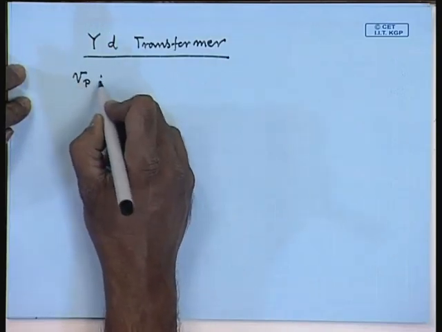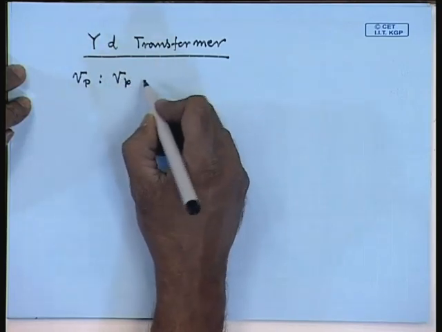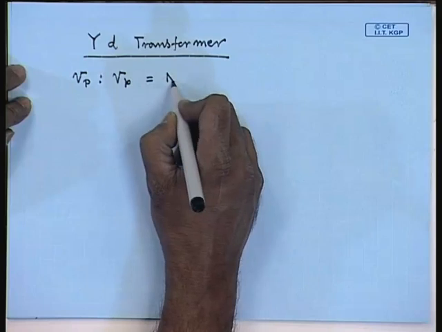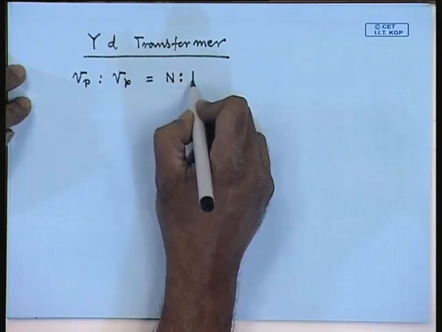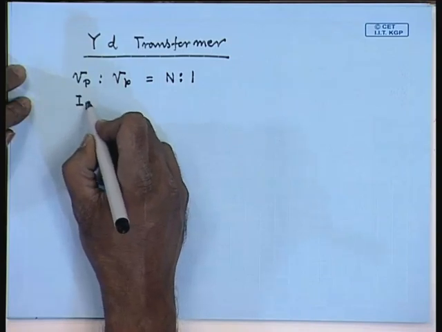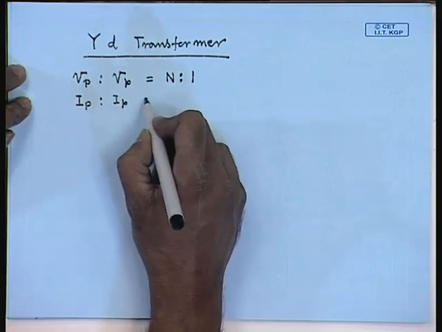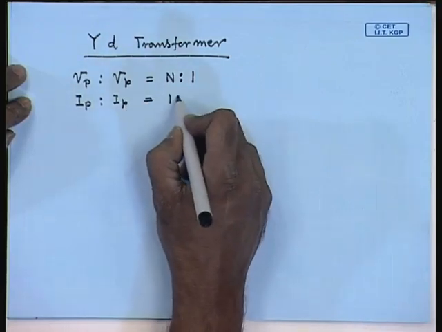V phase on the high voltage side is to V phase on the low voltage side, this is same as N is to 1. I phase on the high voltage side is to I phase on the low voltage side, this is equal to 1 is to N.